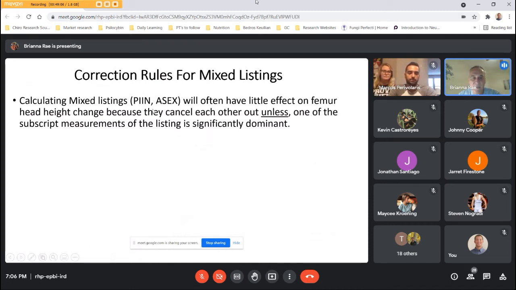So let's say we had a PI2 and IN10. Well, the IN would be the dominant subscript in the listing, so that would have the dominant effect on the femur head height.